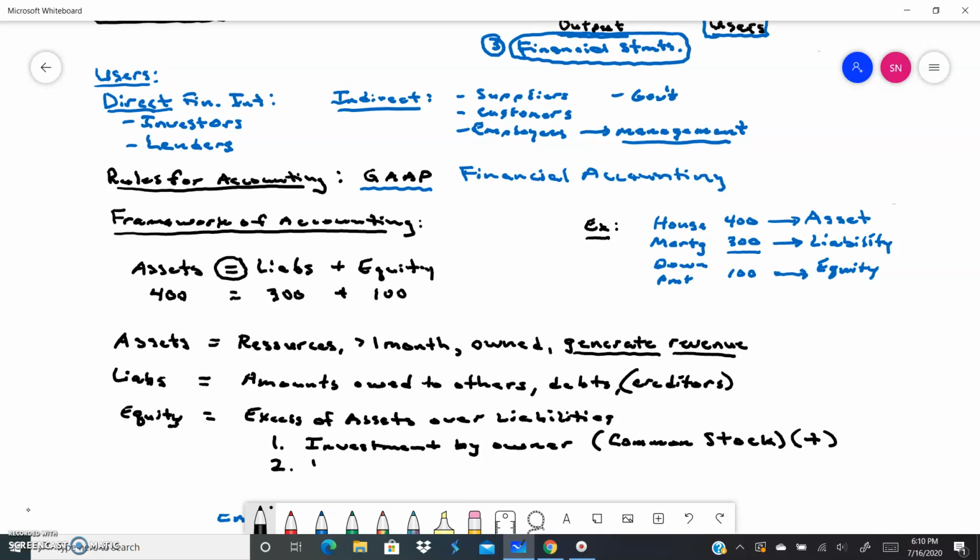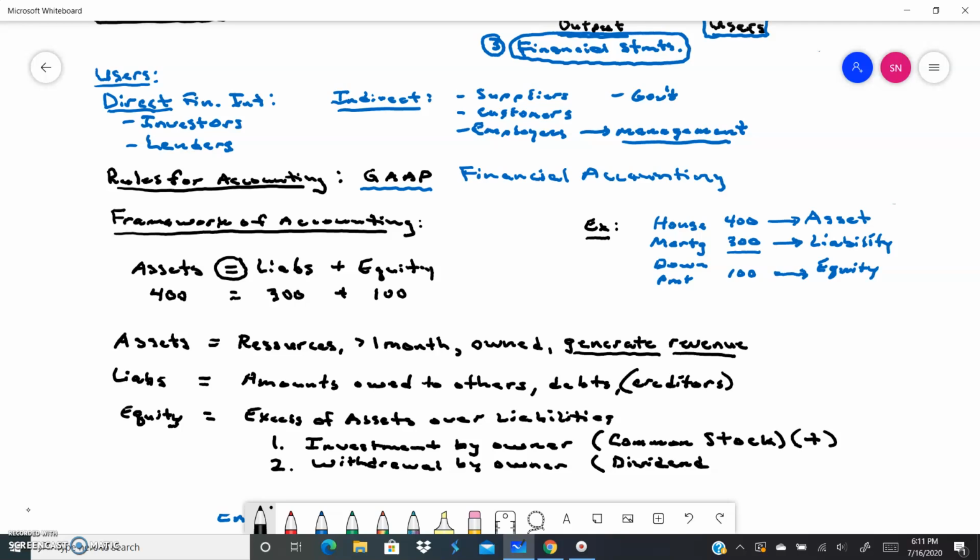On the other hand, any withdrawal of cash by the owner or owners would be a reduction of equity. In this case, dividends. Dividends are withdrawals.